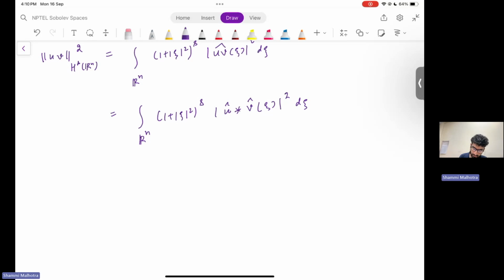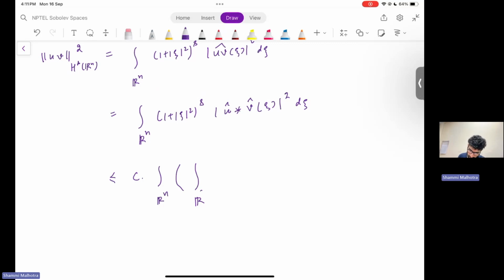Next we would like to use some constant times the integral over Rn. Let me write it in a better way first.